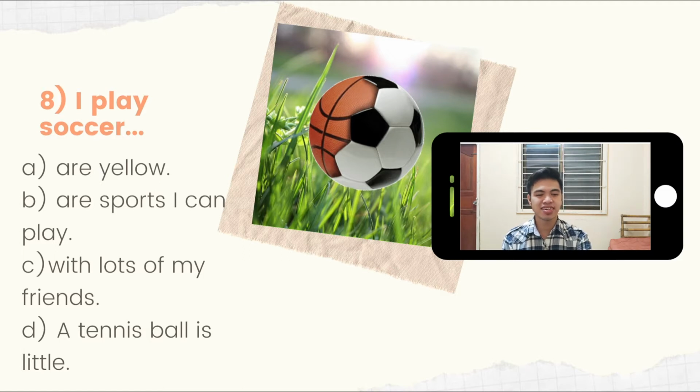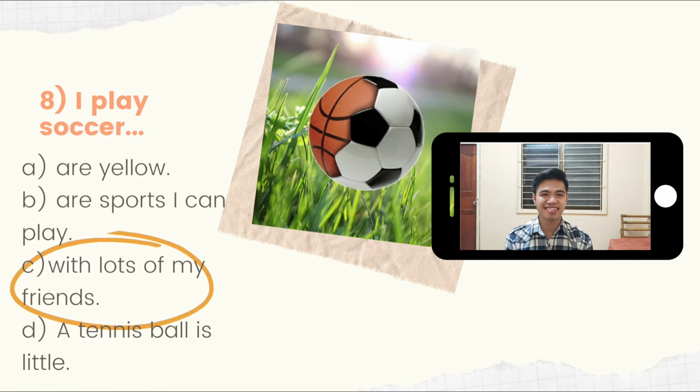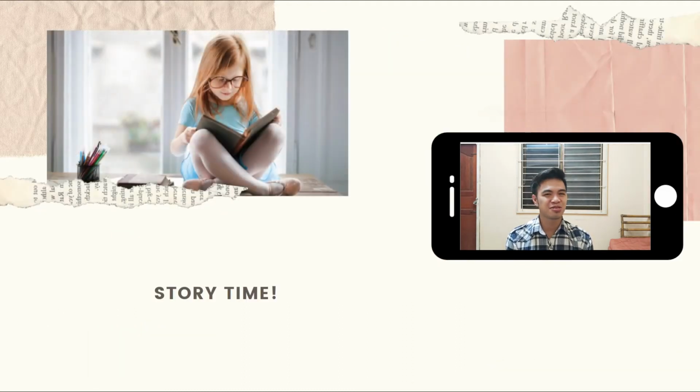Very good. The correct answer is letter C. With lots of my friends. I play soccer with lots of my friends. What about you? Do you have friends that you can play with when you play soccer? Okay, that's so nice to hear. So let's go to the story.